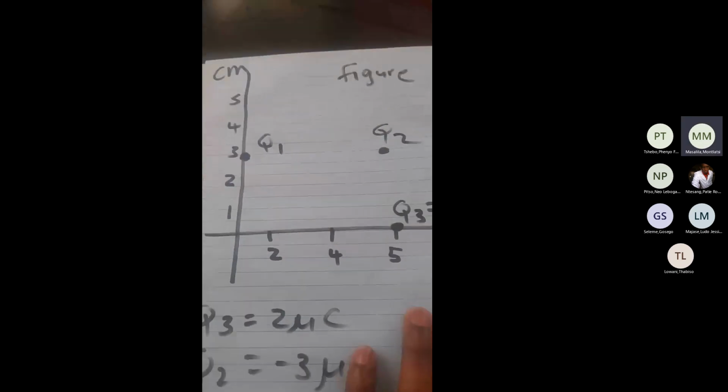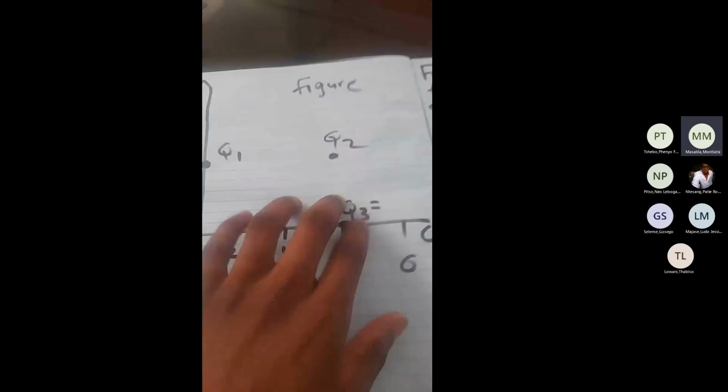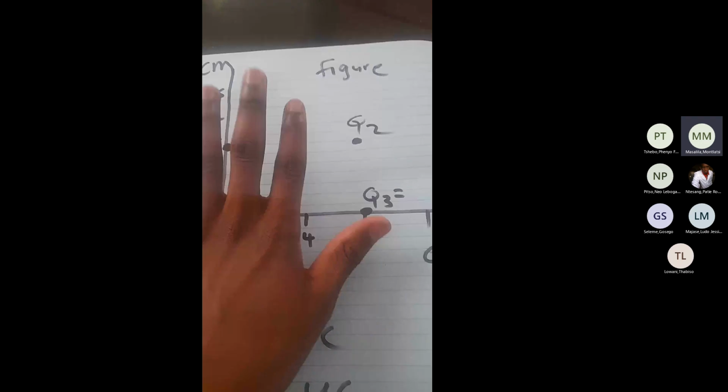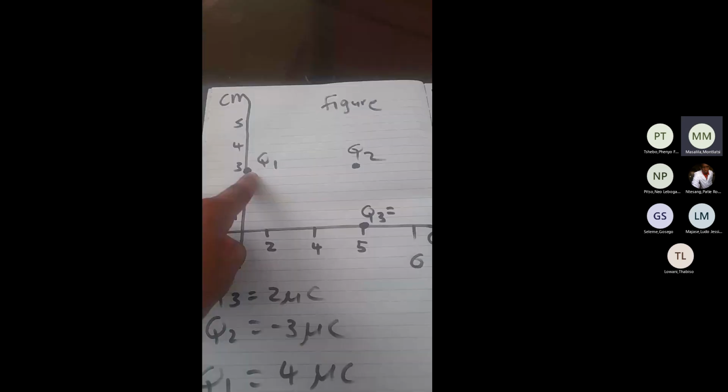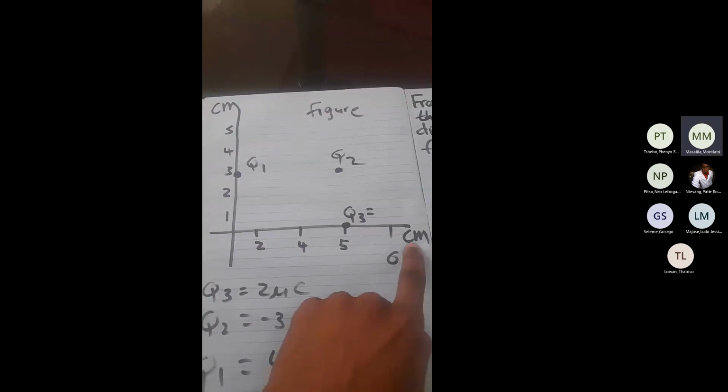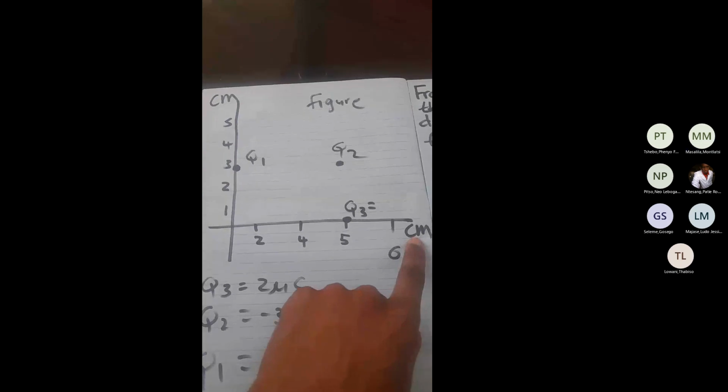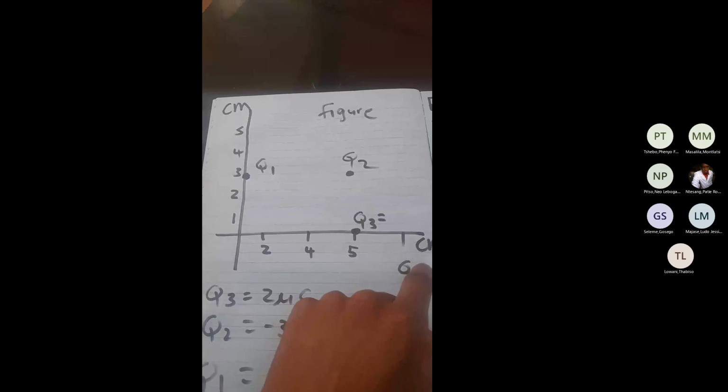This question is so simple, and I like it when it's in vector form, with these columns, because it is so simple. So let's study our diagram. We have a charge there, a charge there, and a charge there. This distance is in centimeters, so automatically it is telling us zero.